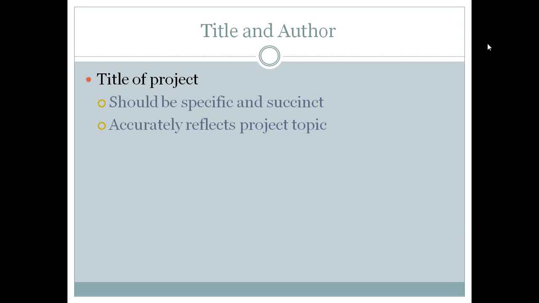It should accurately reflect your project topic. So if you're doing a case report, again, we'll go back to carpal tunnel syndrome, maybe the effect of massage therapy on carpal tunnel syndrome. You want it to be specific to include your topic.